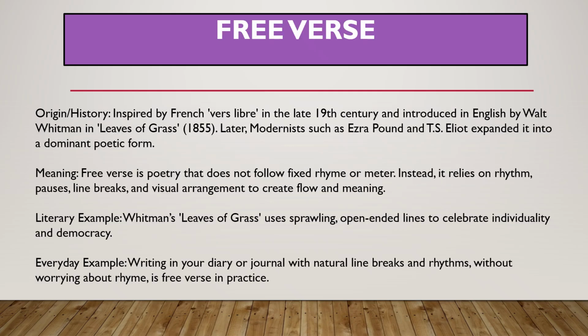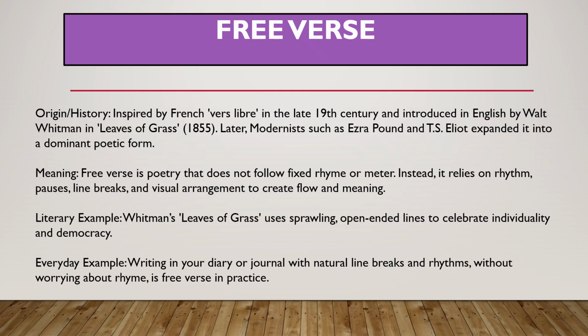Next is free verse. Free verse, the name itself suggests verse which is free, right? It has come from the French vers libre. It was a movement which was started in the late 19th century, and it was introduced by Ezra Pound, T.S. Eliot. Okay, it was introduced by Walt Whitman for the first time in his Leaves of Grass in 1855.